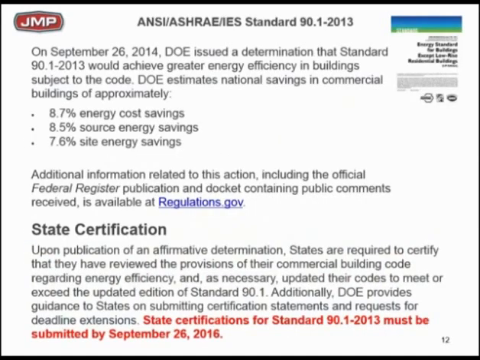Here's 2013. Yeah, 90.1 2013 is now out and approved. DOE looked at it and ruled, you can read the bottom red line, that by September the 26th, 2016, all states should have an energy code equal to or better than standard 90.1 2013.